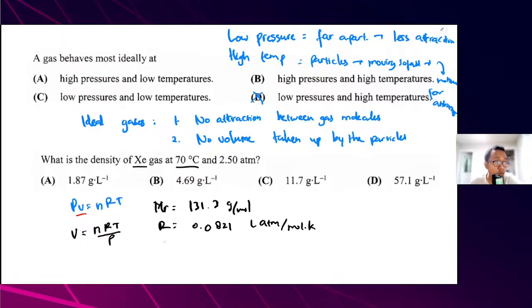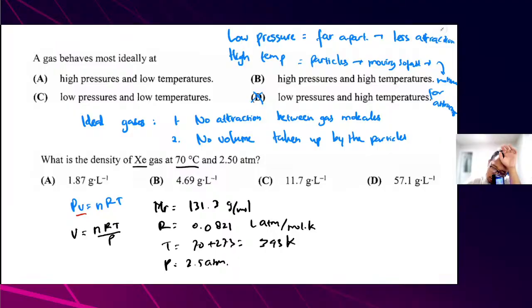For temperature, it will be 70 plus 273, which is 343 K. And we have P for the pressure, which is 2.5 atm.